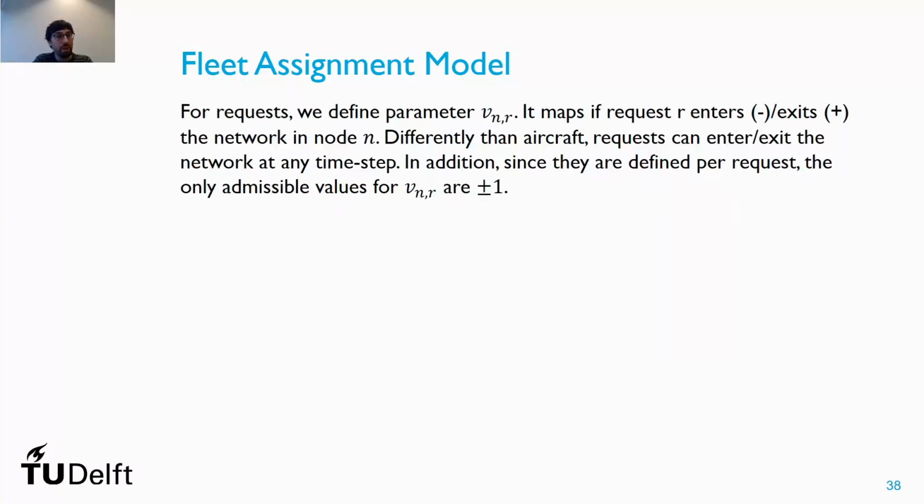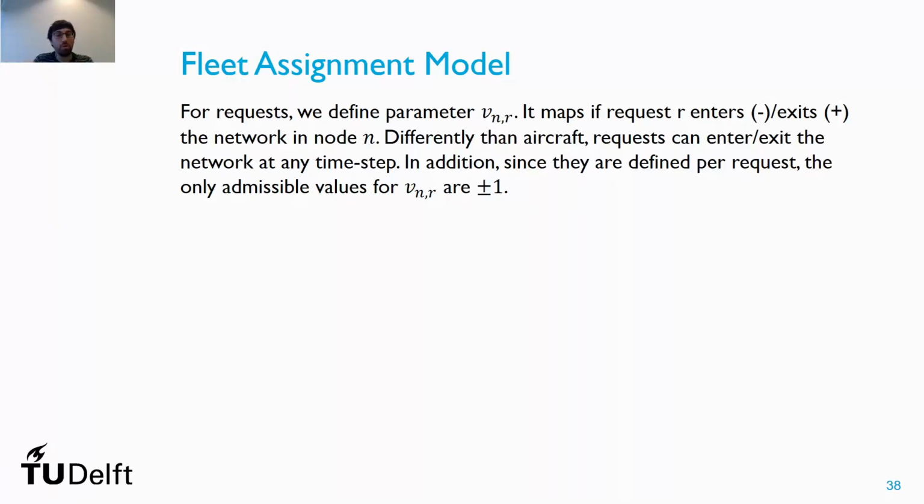We can do something similar for requests. We define basically the same parameter VNR, and again it maps if a certain request R enters, minus, or exits, plus, the system in node N. Here, since we are using this for each request, the only number different than 0 is 1.